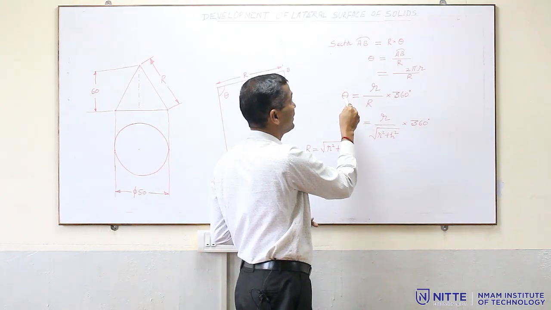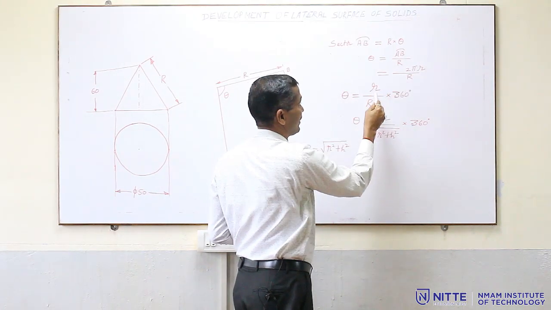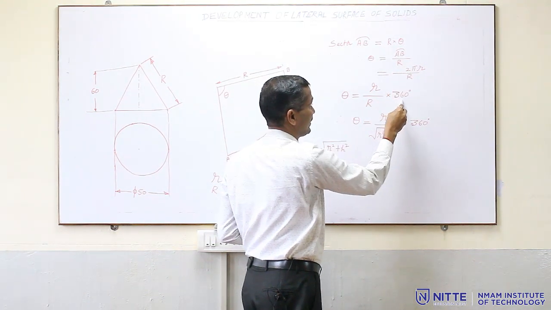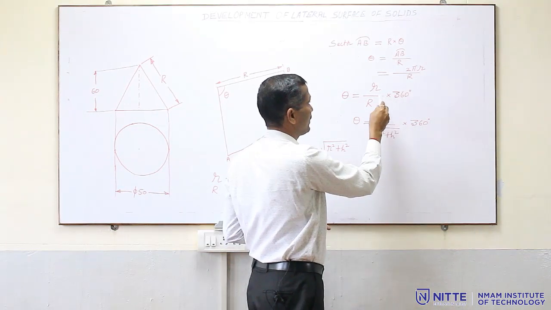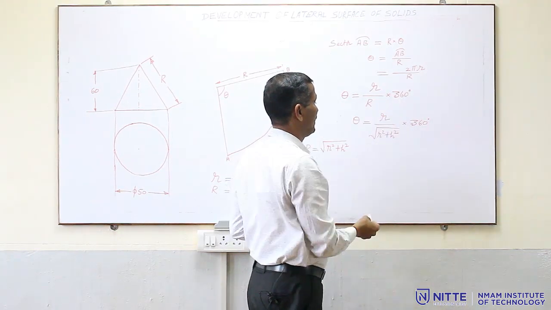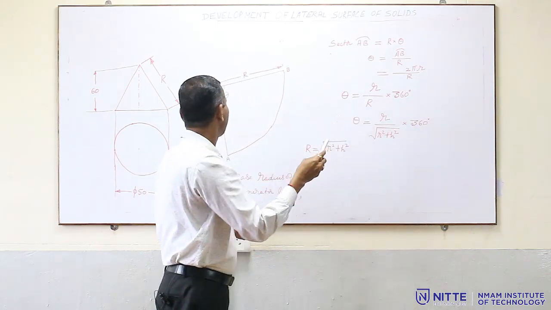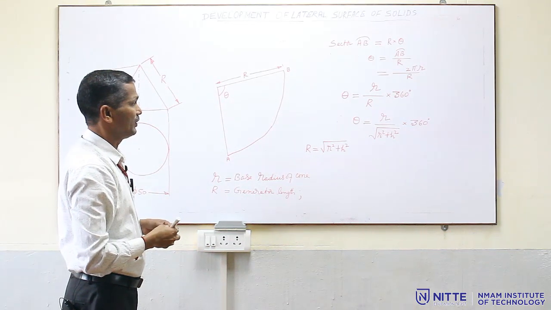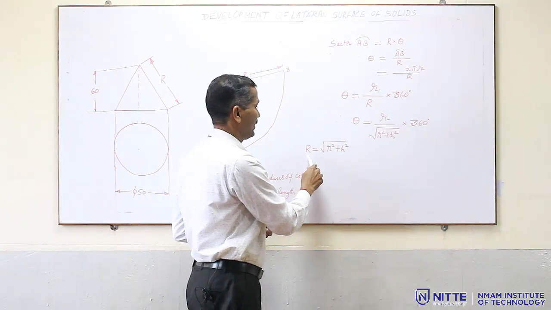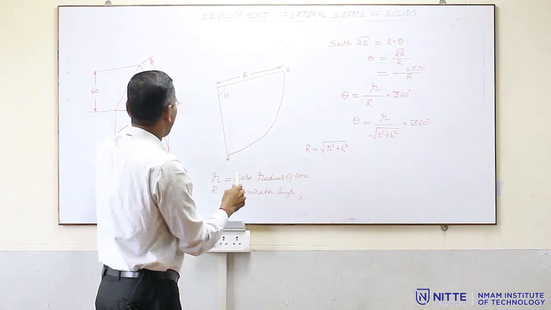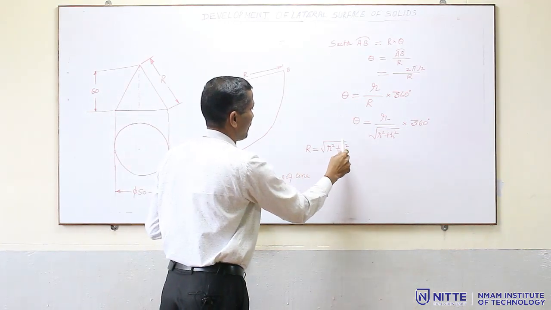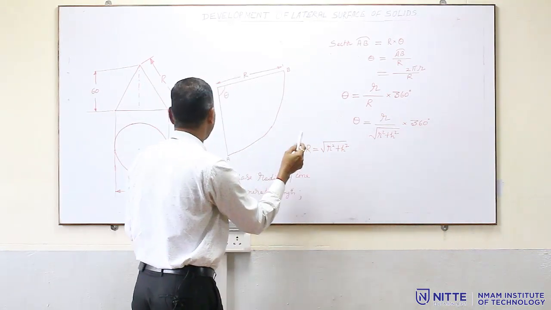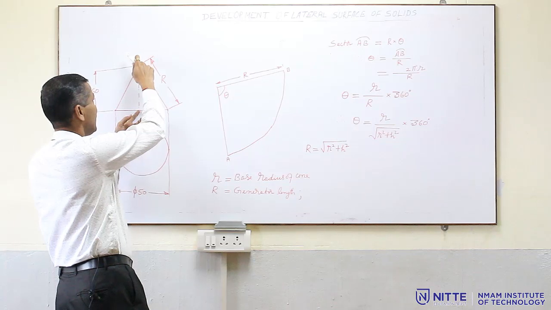So, we will get theta is equal to r by R into, instead of 2 pi, you write 360 degrees. It becomes r by R into 360, where capital R, that is the generator length, we can find from the geometry by using the Pythagoras relation. Capital R is equal to the square root of r squared, where r is the base radius, plus h squared, where h is the height of the given cone.